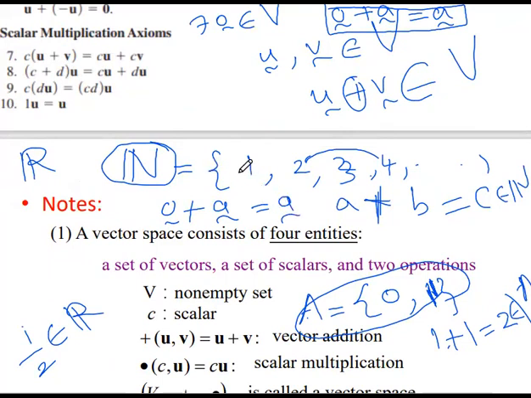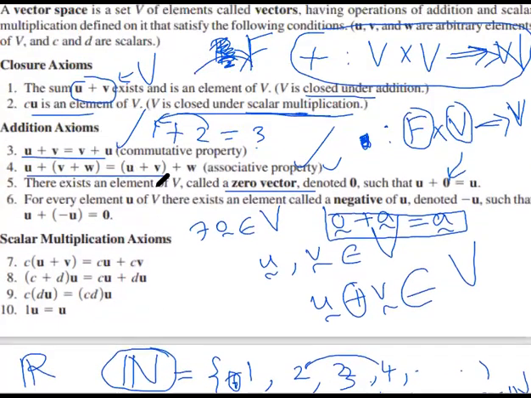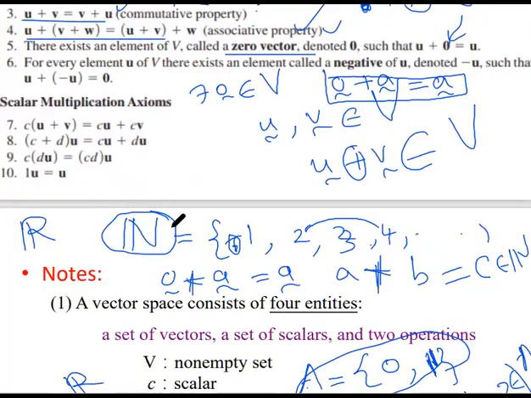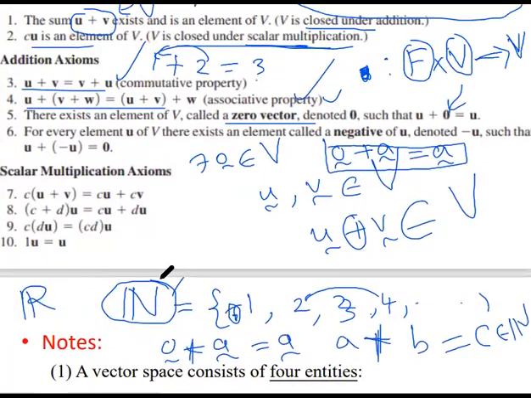No, right? It doesn't contain 0. Here we are talking about normal addition. So this set does not contain 0, therefore there does not exist a zero element in this set. So this is not a vector space.